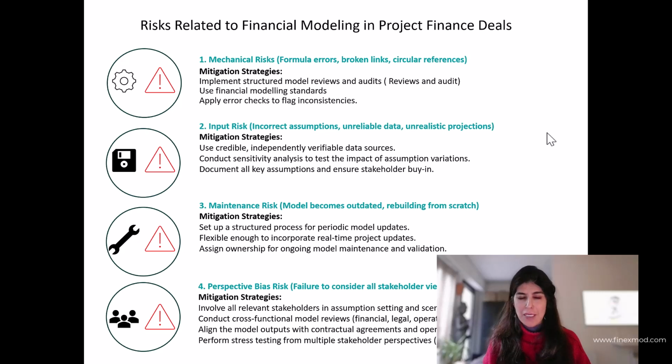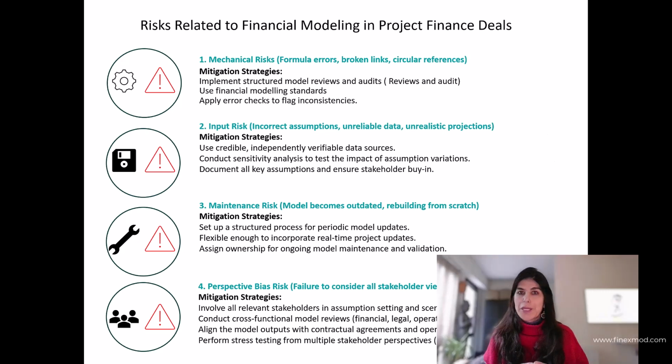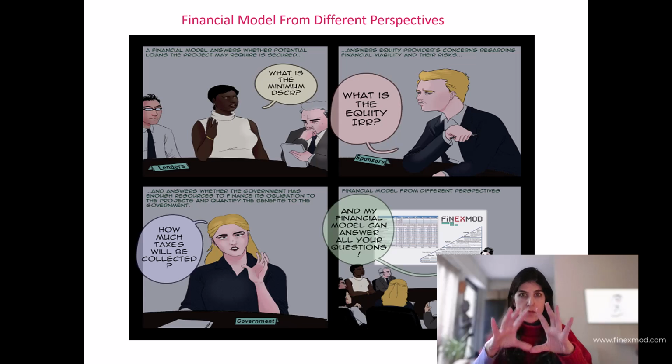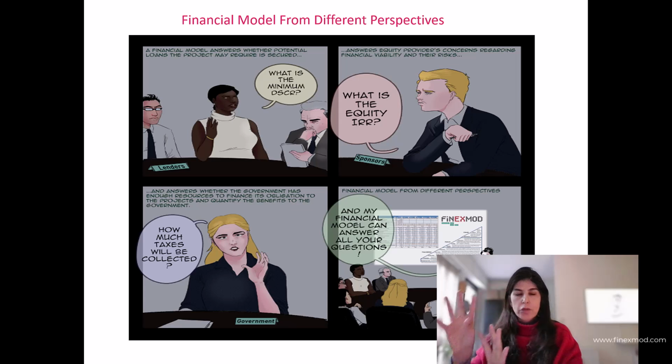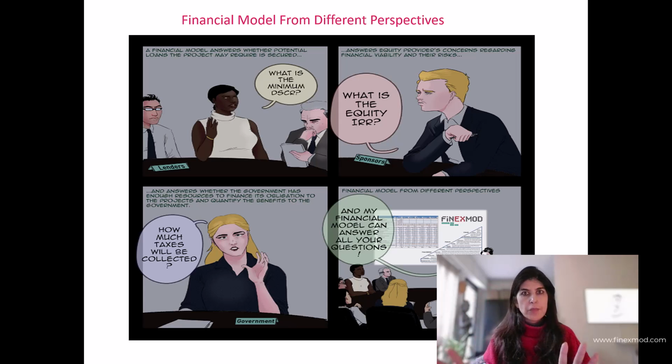The last point that I want to mention here is what I call the perspective bias risk. What I mean by that is a financial model needs to reflect the different points of view. So the financial model needs to look at the world from the lender's point of view, from the government point of view, if there is any kind of concession agreement or anything involved, or government in general, if they're involved in the project, the financial model needs to reflect their point of view as well.